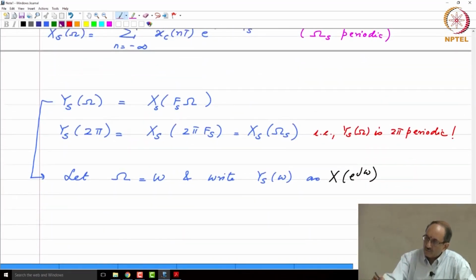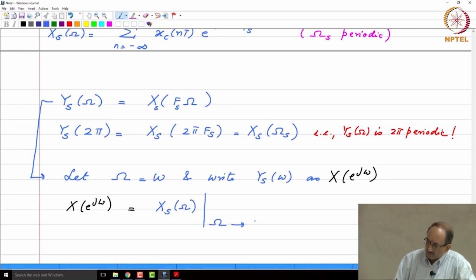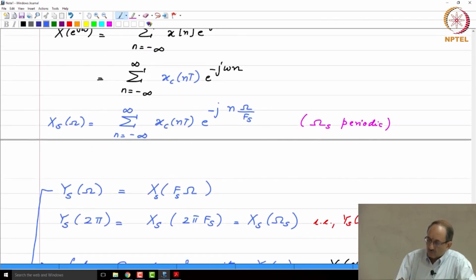And hence, to get x of e to the j omega, all you need to do is take Xs of omega and then replace omega by omega Fs. Go back here, take this cap omega and replace cap omega by little omega times Fs, right.